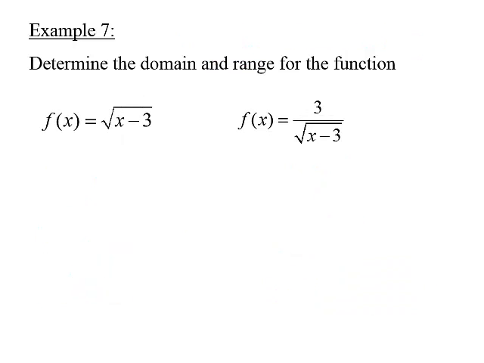And our last example deals with radical expressions. So to find the domain of the square root of x minus 3, a square root is defined when the radicand is greater than or equal to 0. If the radicand is negative, that gives us an imaginary number.